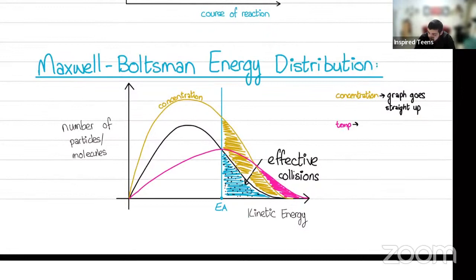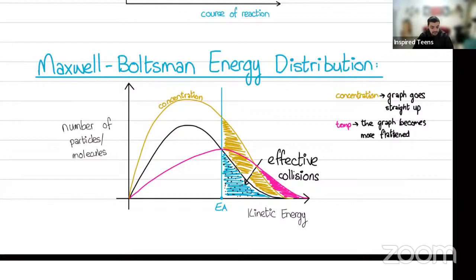With temperature, the graph becomes more flattened, basically. And that's how we can identify if there's been a change to temperature in a Maxwell-Boltzmann graph.